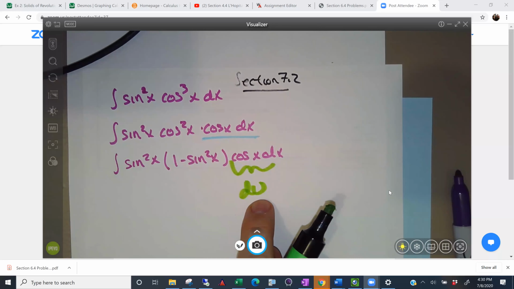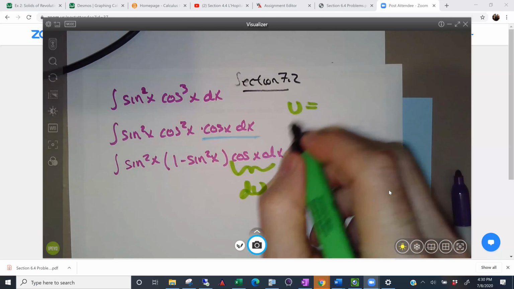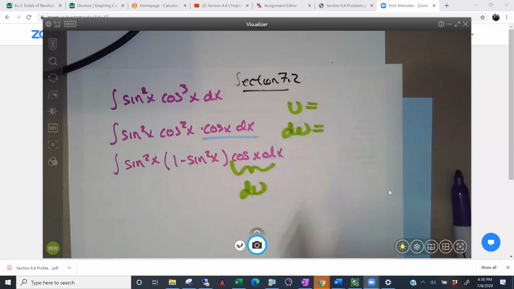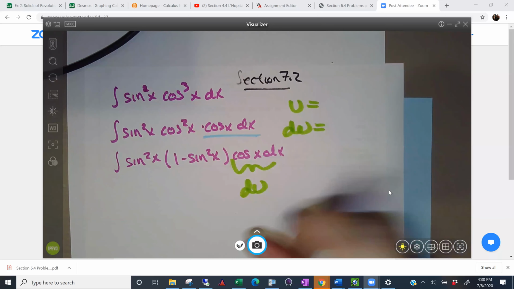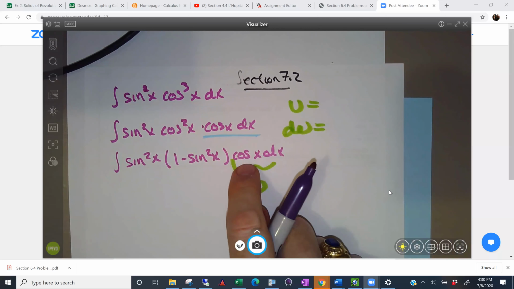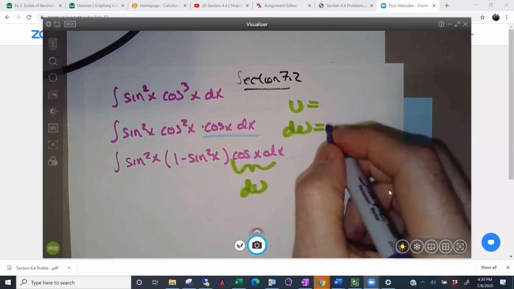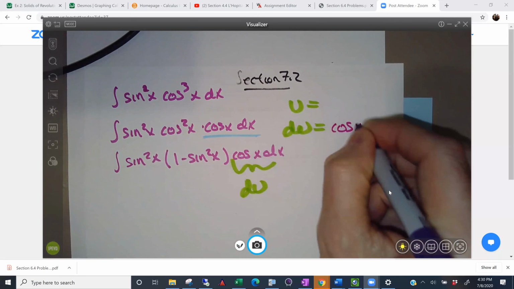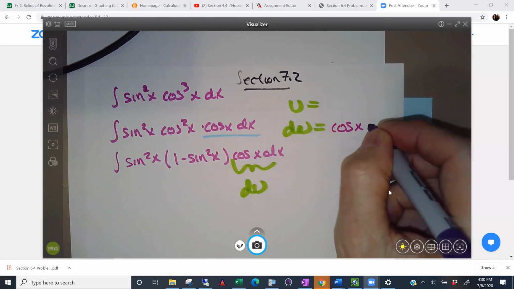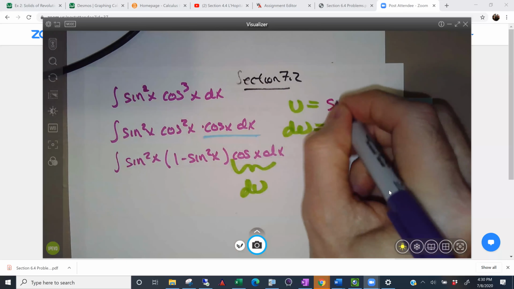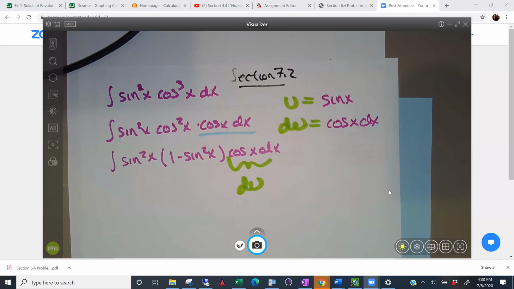If that's going to be my du term, what was u equal to? What's the u for this du term? Sine x? Yeah, sine of x. Let's watch what happens.